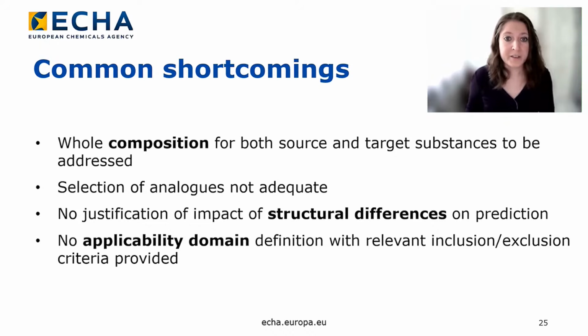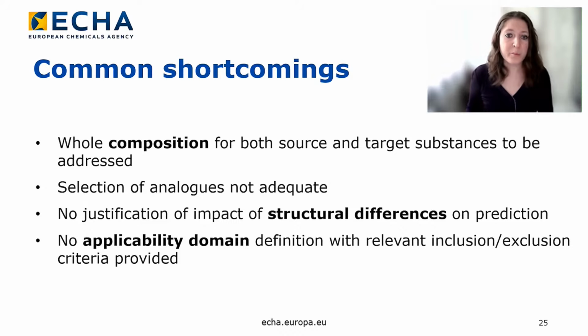In many cases, the analogs selected are not sufficiently similar to the target substance. Often not all functional groups of the targets are covered, or the analogs have diverse functional groups and reactivity patterns and therefore cannot be considered as a group. And no justification is provided explaining the possible impact of these structural differences on the read-across prediction.